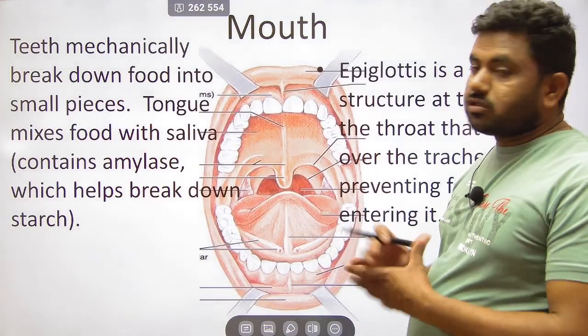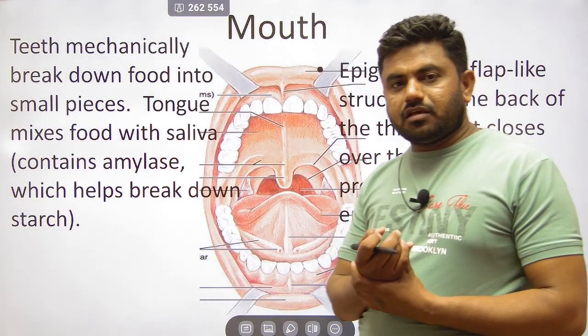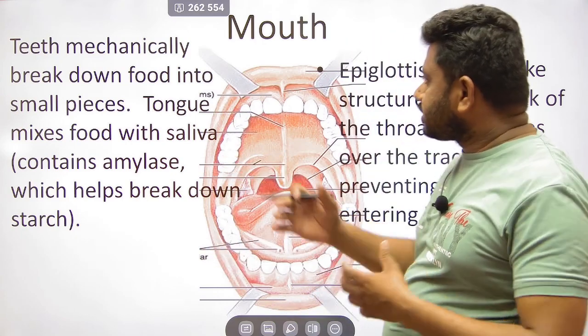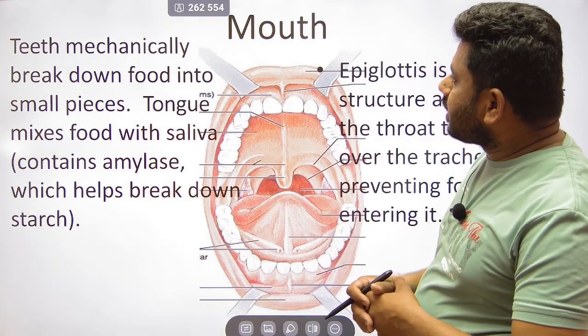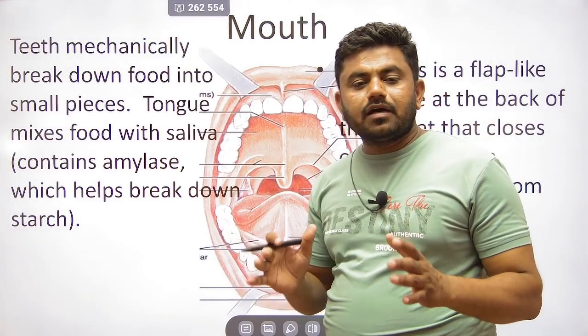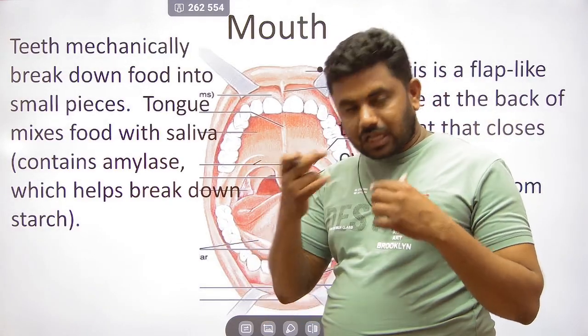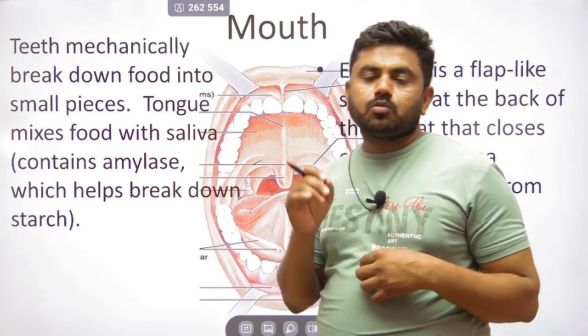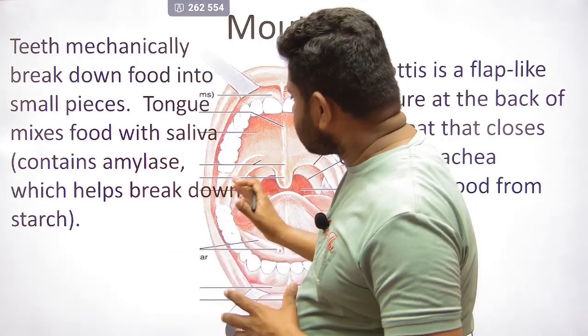Now see the mouth. When we put food inside our mouth, this process happens. See, the teeth can mechanically break down the food into small pieces, and the tongue mixes food with the saliva while chewing, which contains amylase that helps to break down the starch.